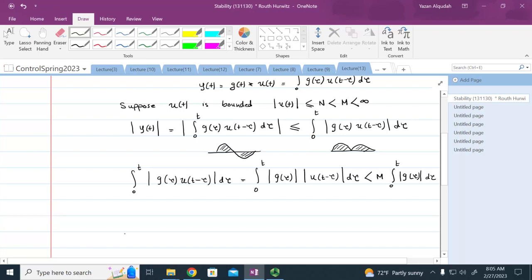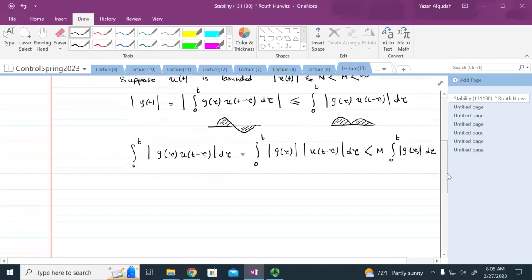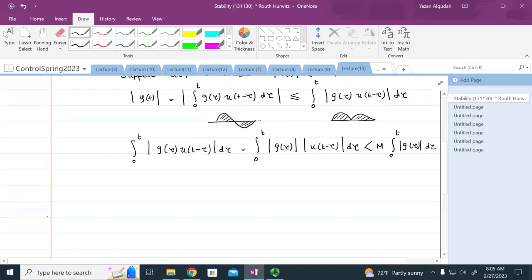Together? Is that clear? So therefore, if I want the output to be bounded, what do I have to have? I need to have this integration to be bounded, because this is equal to the value of y of t.